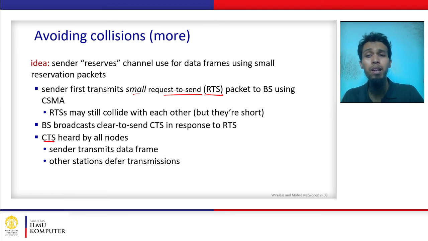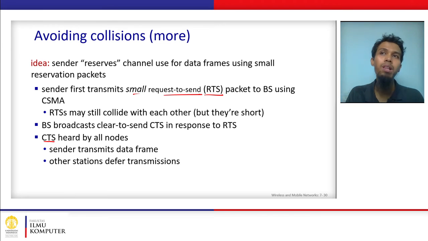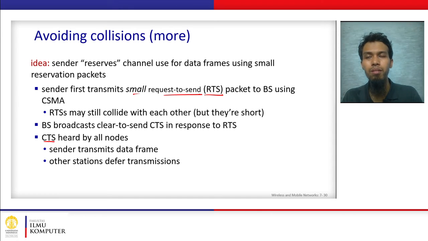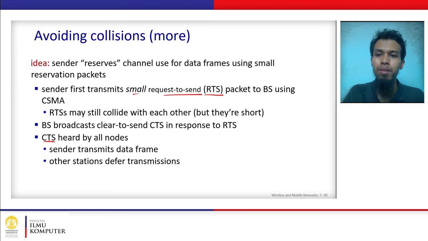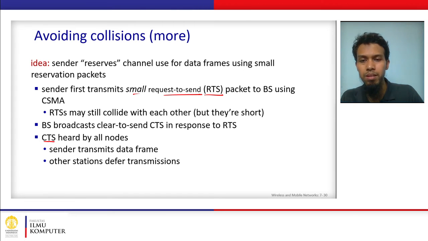This packet has to be small because it may collide with another RTS, but since it is small, we're not wasting a lot of time. When the base station or the receiver receives this RTS from one sender, it broadcasts the clear to send, or CTS.